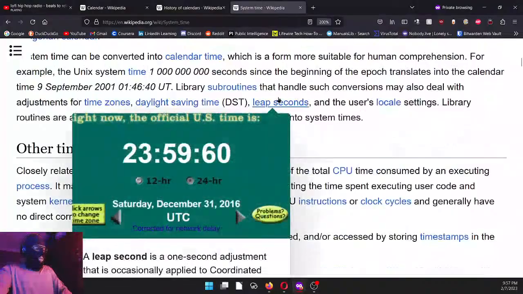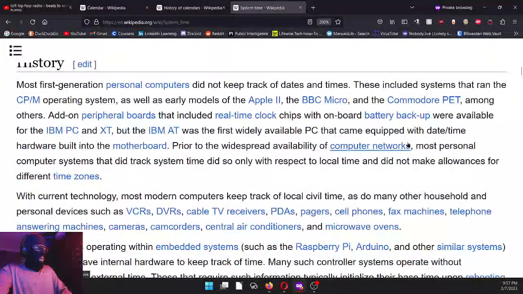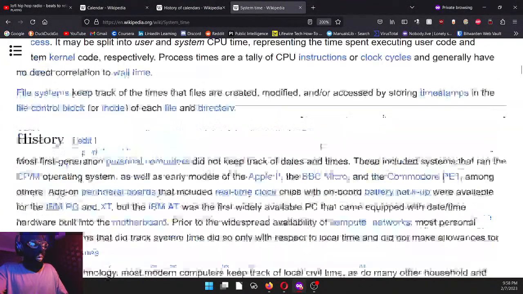Rather, it's one that is just programmed. Other measurements, the history of things. Add-on peripheral boards that include real-time clock chips with onboard battery backup were available for the IBM PC and XT, and the IBM AT was the first PC to come equipped with time-of-day hardware built into the motherboard.